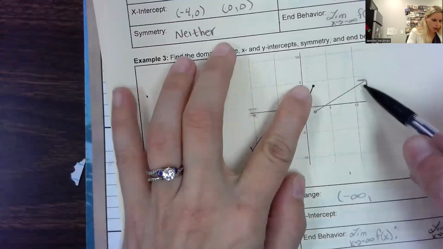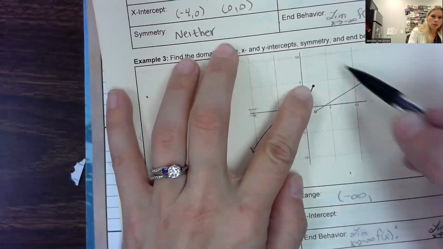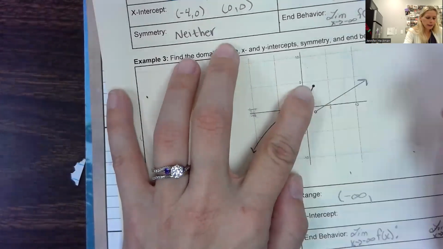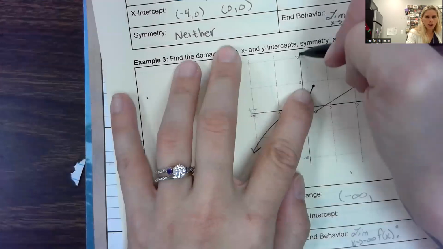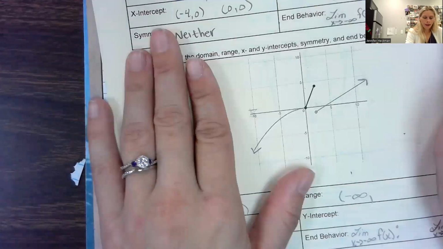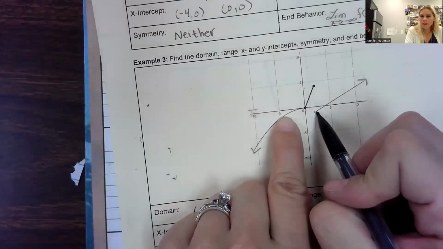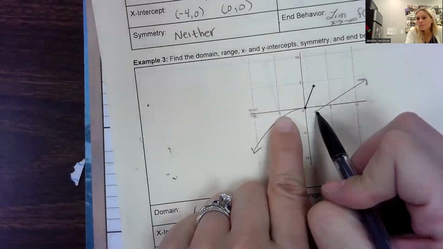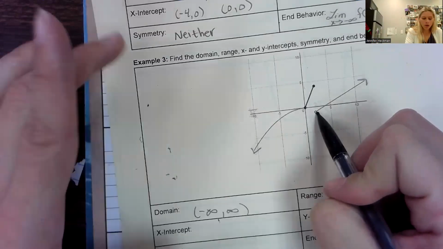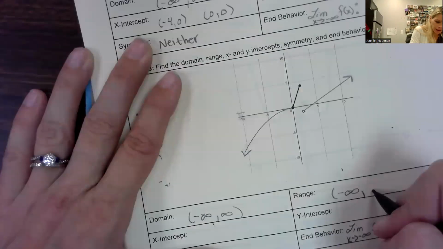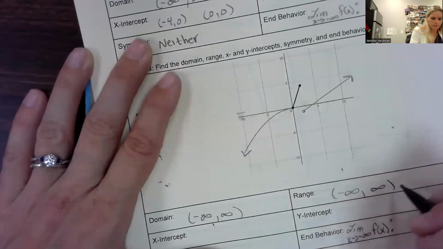But if I squish this line onto the y-axis, this arrow continues going up. Okay, this hole right here is actually covered by this filled in point here. So it is still -infinity to infinity.